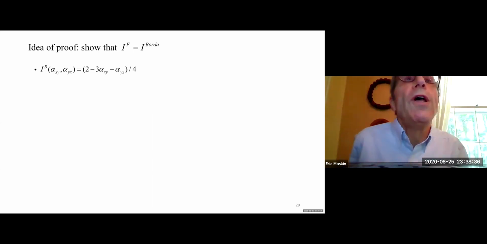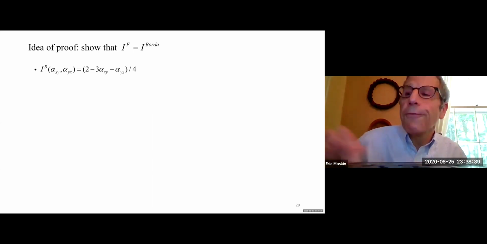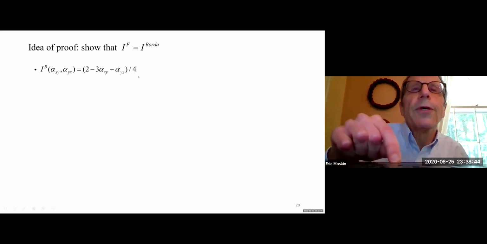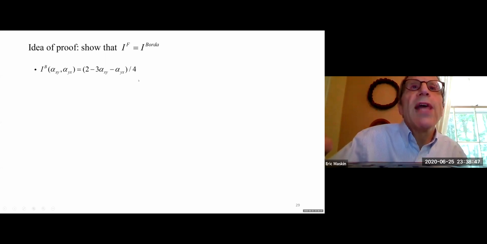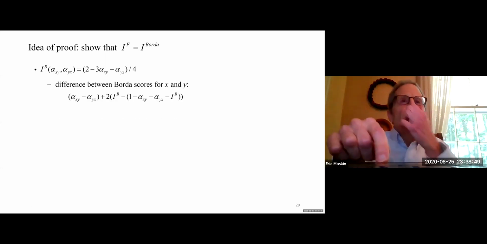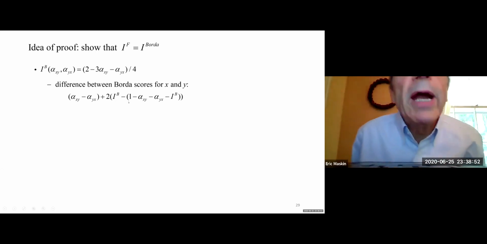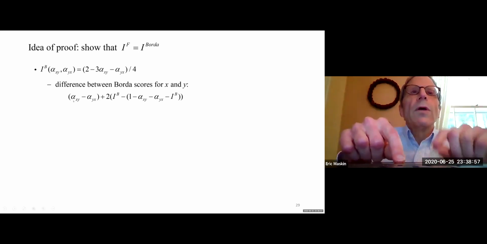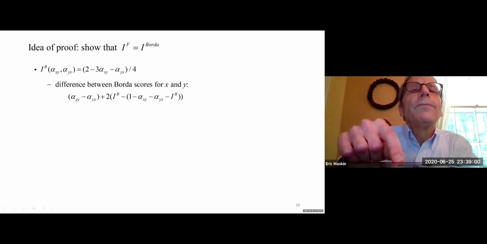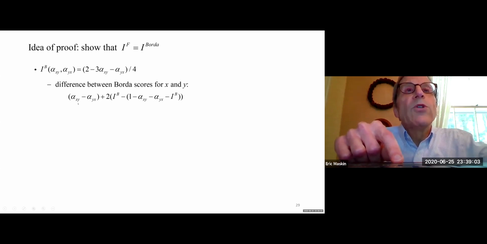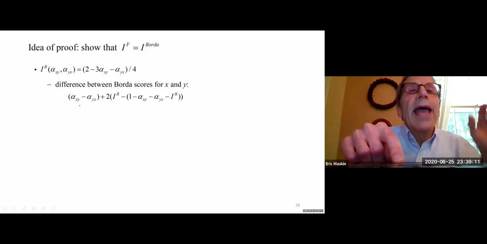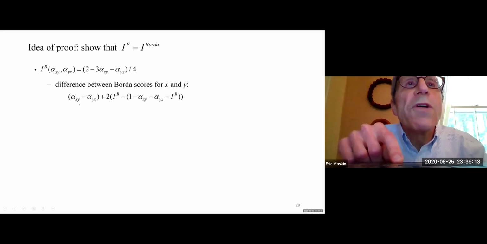Now, what is the Borda social indifference curve? I claim it's this. And actually that's very easy to derive, because if we're comparing the Borda scores for x and y, notice that if z is not in between x and y, then if someone ranks x above y, x gets one more Borda point than y.